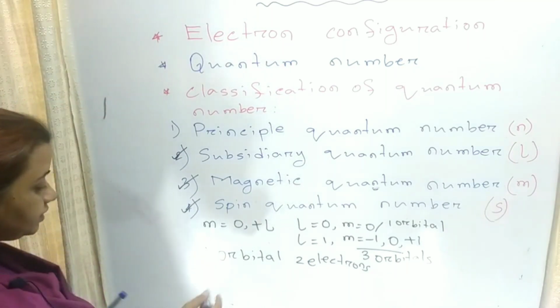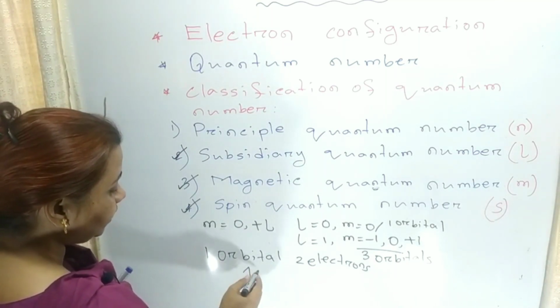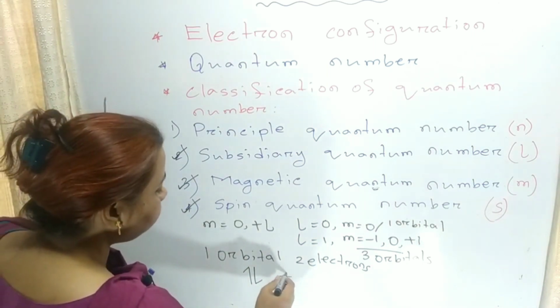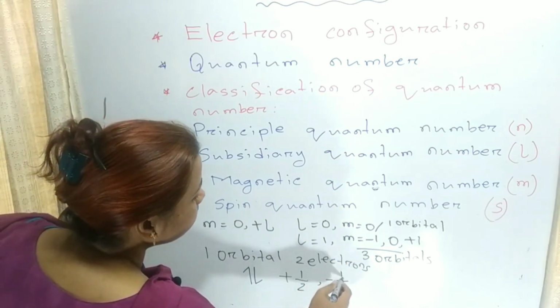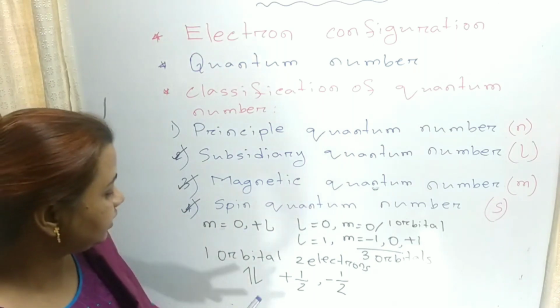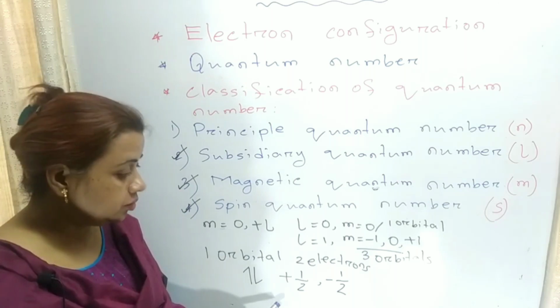If one is clockwise, that means if one is like this, another one will be like this. If one is plus up, another one will be minus up. That means through spin quantum number we can get the direction of electrons in an orbital.